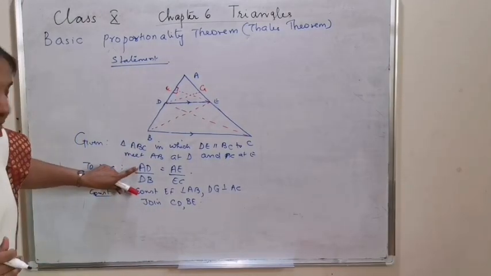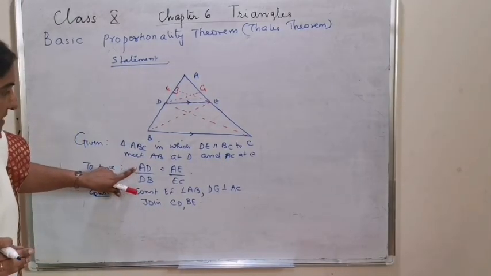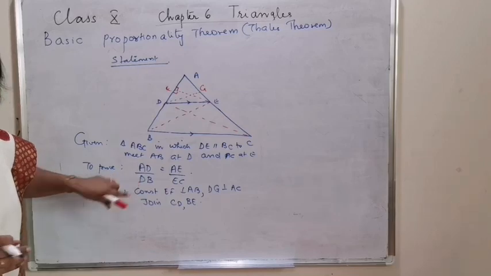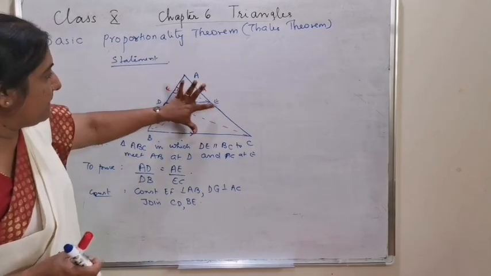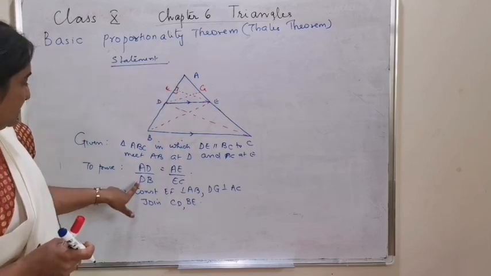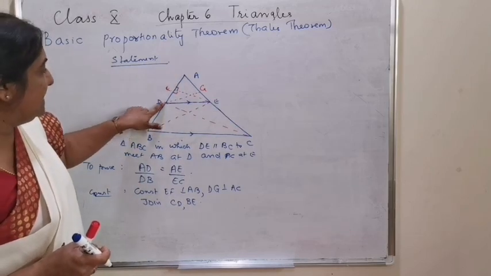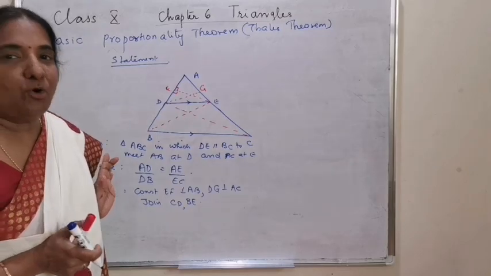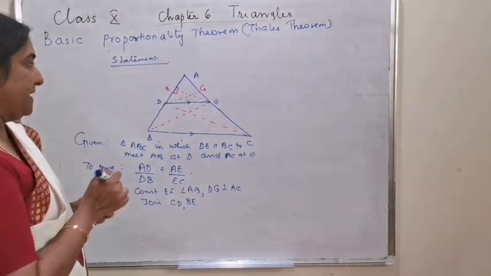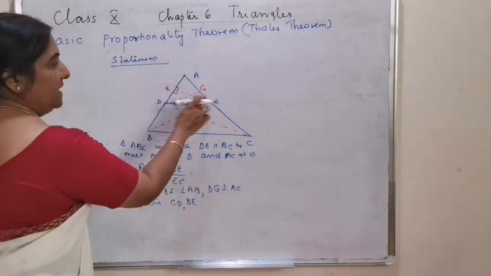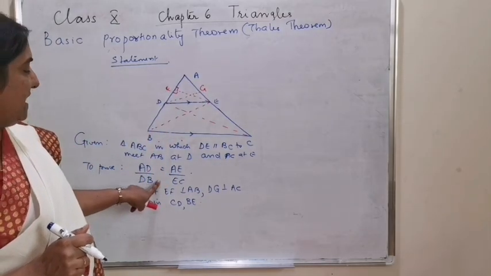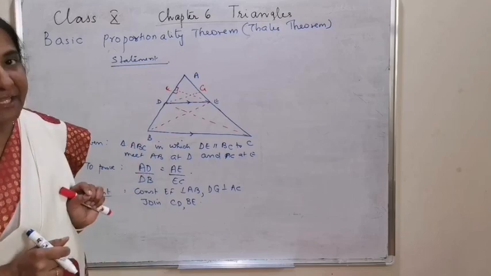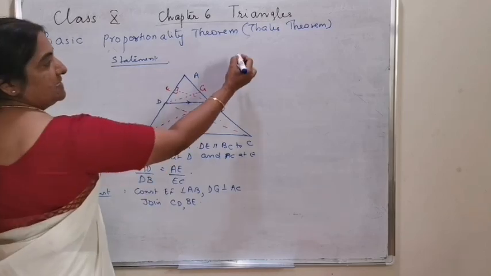Now, from the proof you can make out that what is to prove is AD by DB. If you observe triangle ADE and triangle DBE, the proof starts.